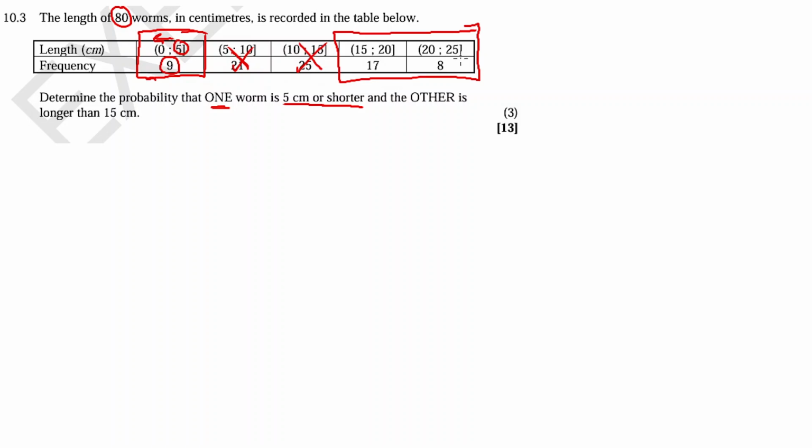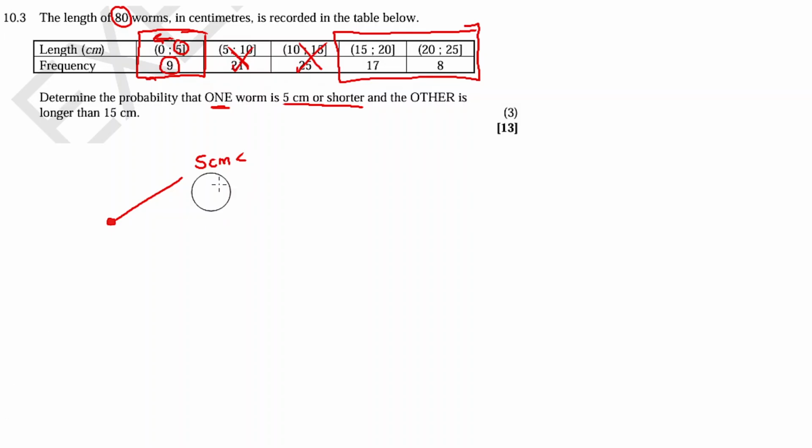Check this out. We want to count first before we can find our probabilities. Tree diagram. So let's say shorter or longer, so there's two. It's either you choose a 5 centimeters or shorter, or you choose one that is longer than 15.